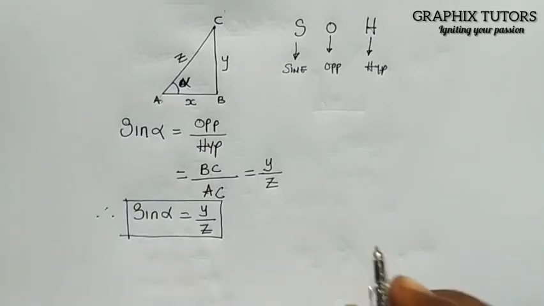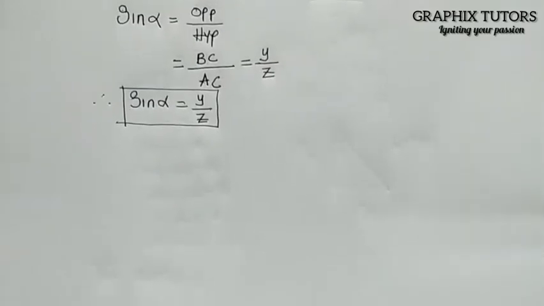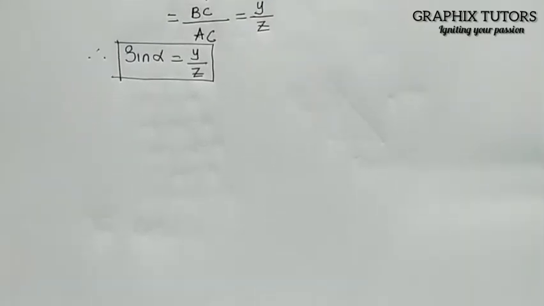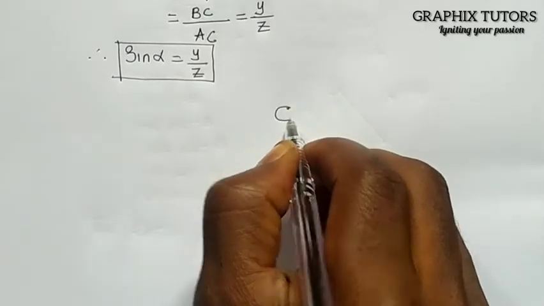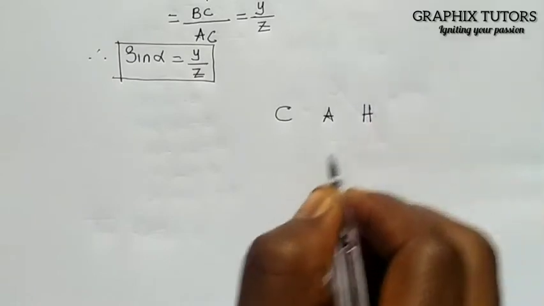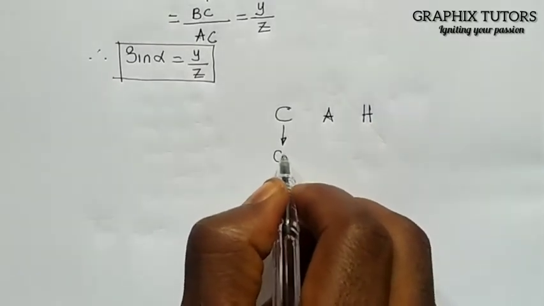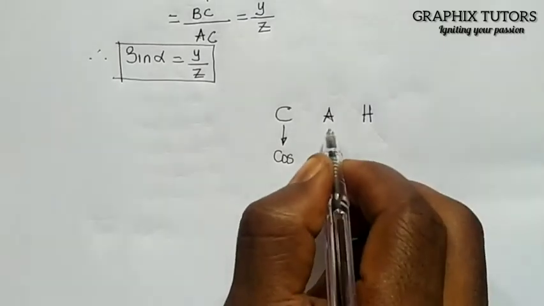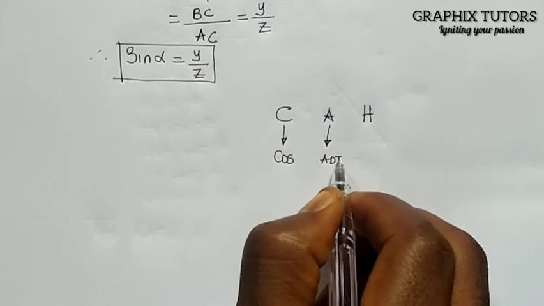Similarly, we know very well that we have what is called CAH, from the word SOH CAH TOA. The C is for cosine, which is cos. The A is for adjacent.